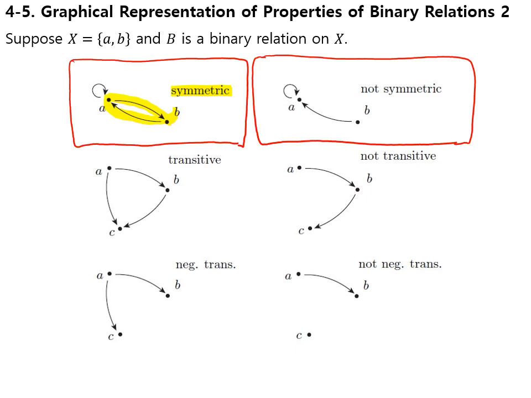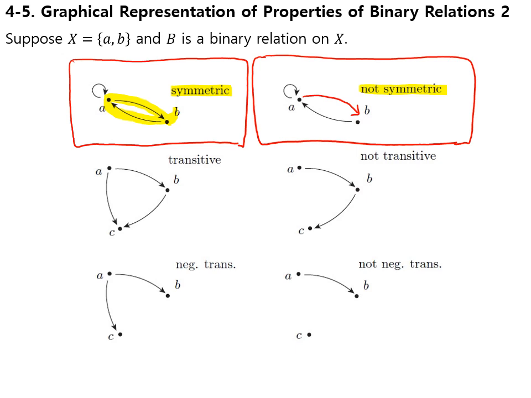It is not symmetric mainly because symmetricity says that if B is related to A, then A also has to be related to B. But in this picture, we can see that A is not related to B, so it is not symmetric. So in order to make this relation symmetric, we should have an arrow that points from A to B.